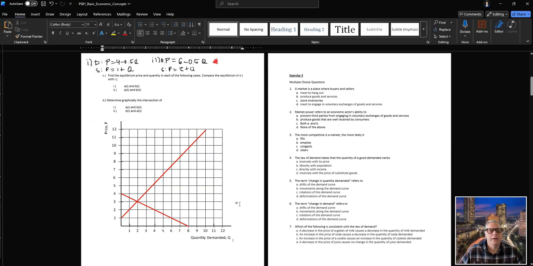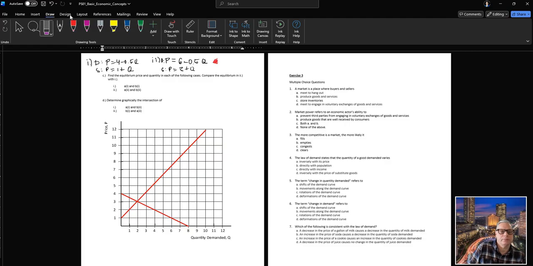So this is our supply. And now we can find the equilibrium price and quantity for scenario I from here, and actually I should have an increase in demand.